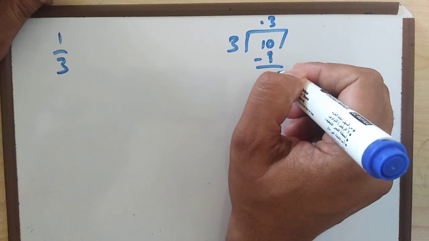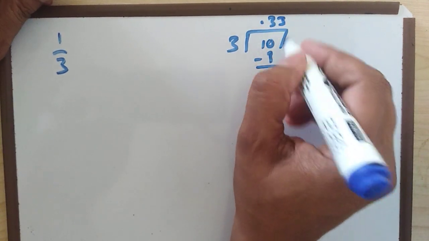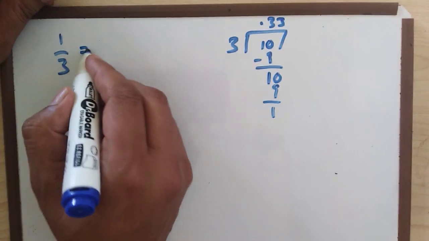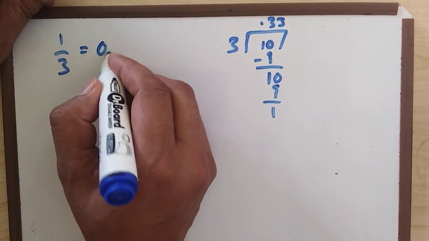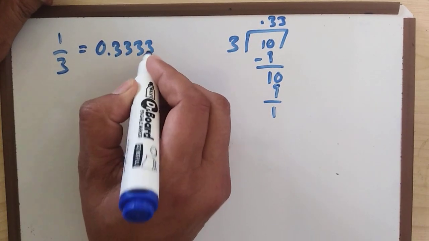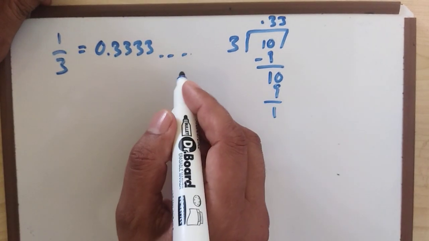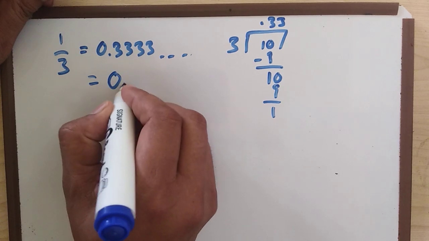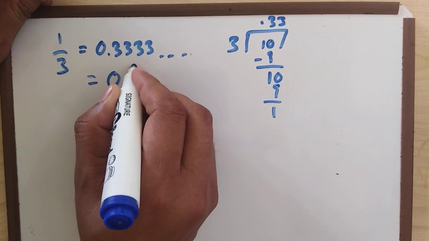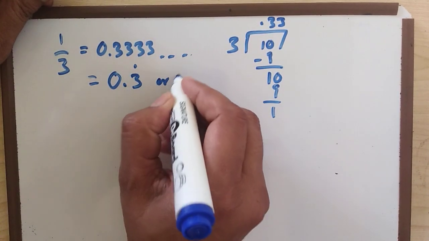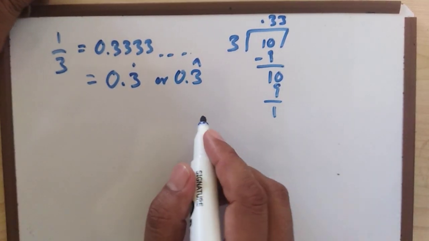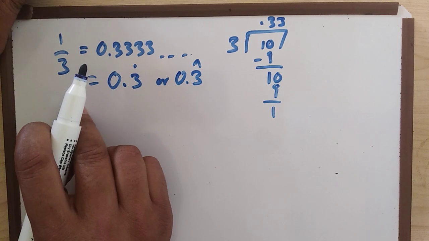Again we introduce 0, 3 3s are 9, and we have 1 here, and this process will continue, and we have an answer like 0.3333. This type of answer is known as a recurring decimal. We can write this number in short form as 0.3 with a dot on top.